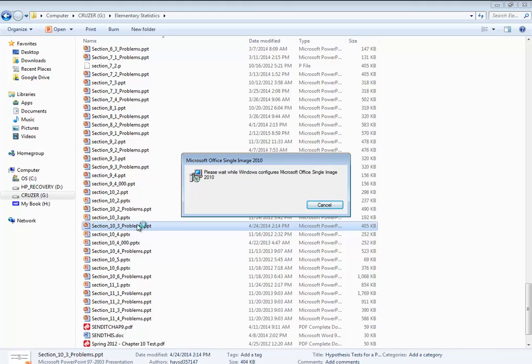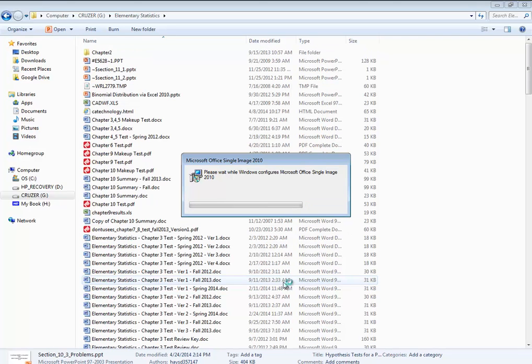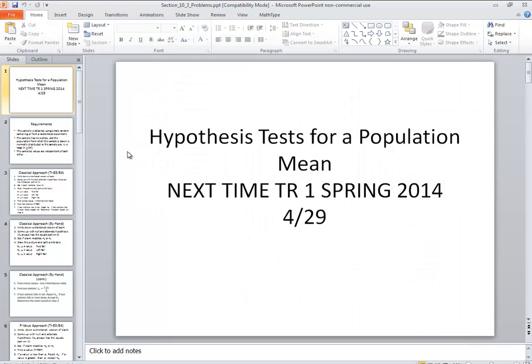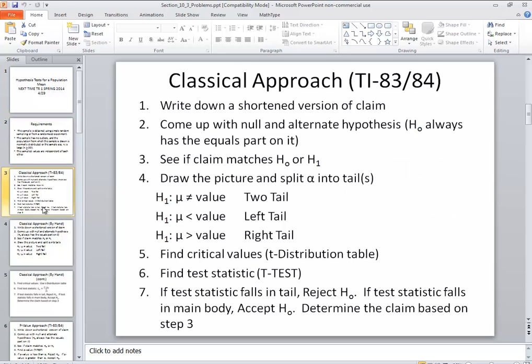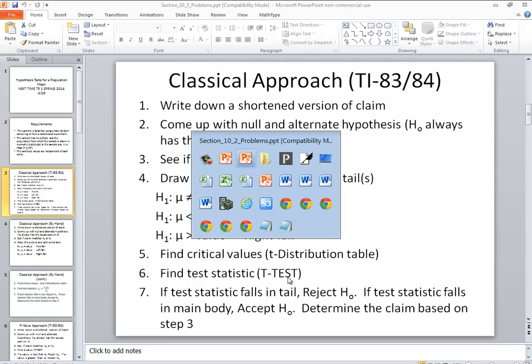Get that to come up here. A little slow. There it is. Here's our classical approach, which involves a test statistic. And so let's go through the claims, see what we got.